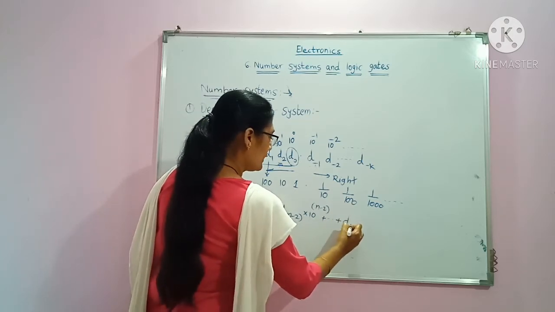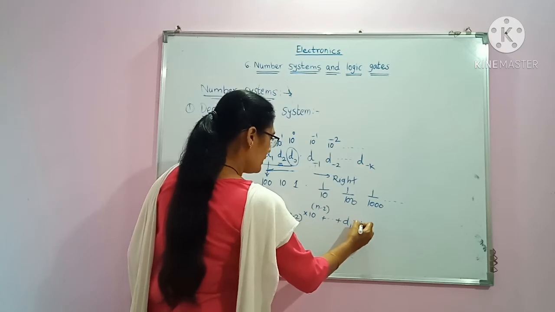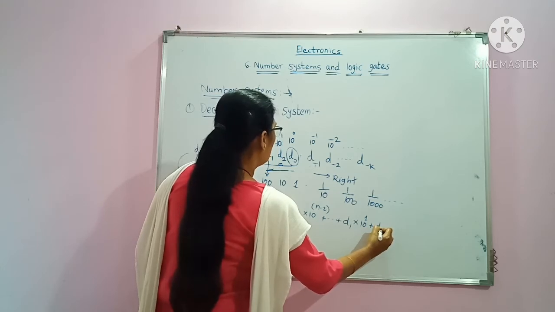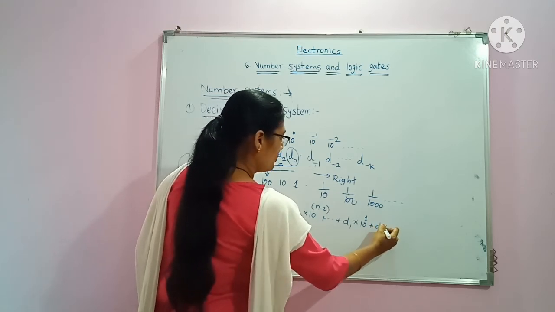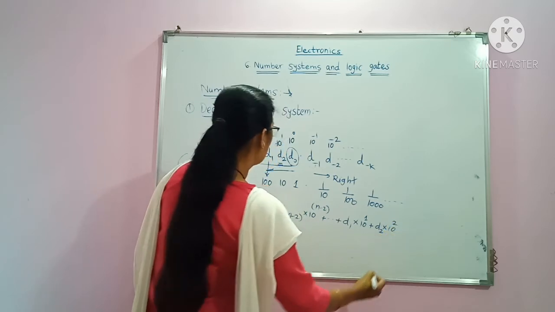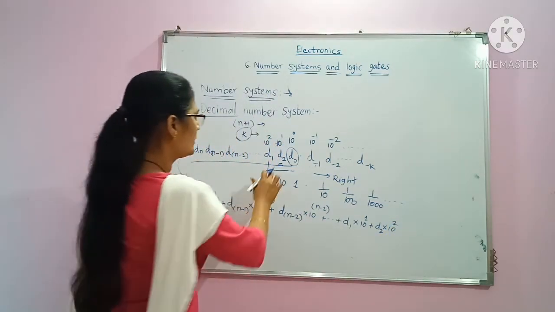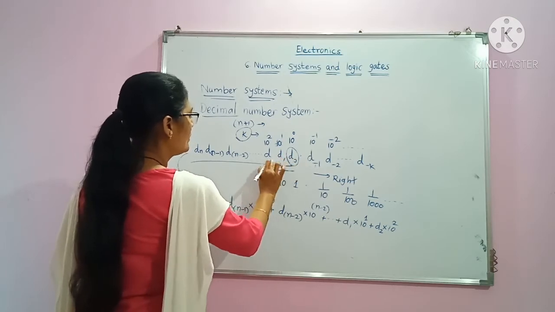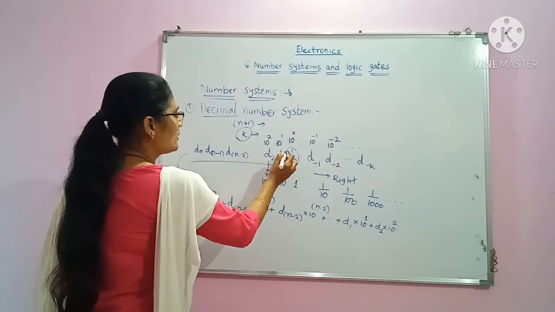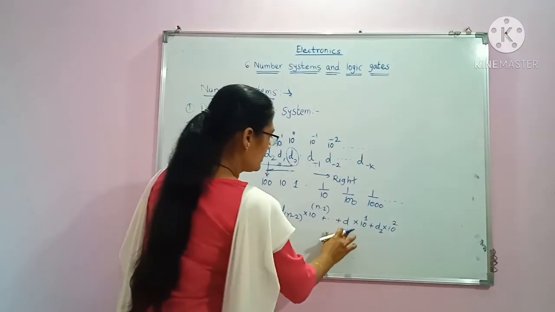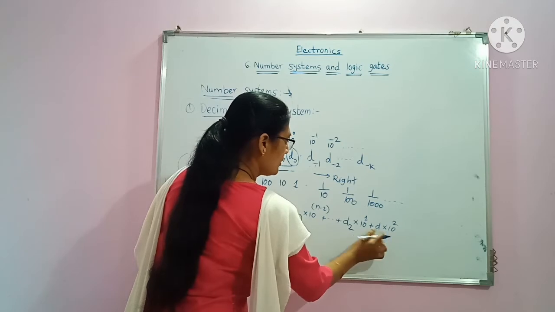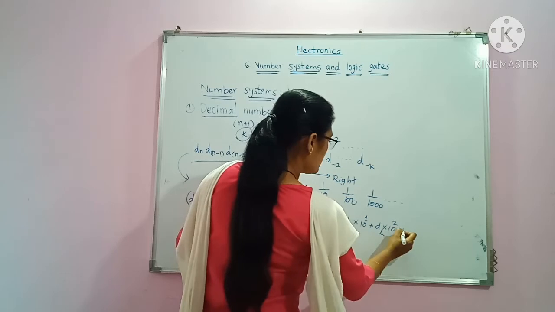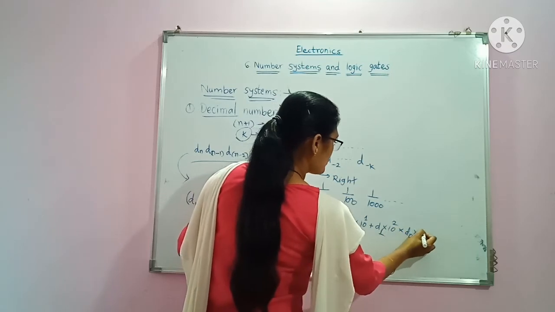Then d1 into 10 raised to 1, plus d2 into 10 raised to 2. Here, 1 should be there, here 2 should be there. 10 raised to 1, 10 raised to 2, here 2, then here 1, and d0. d0 means d0 into 10 raised to 0.